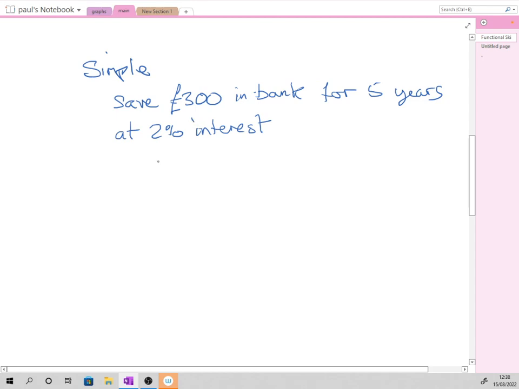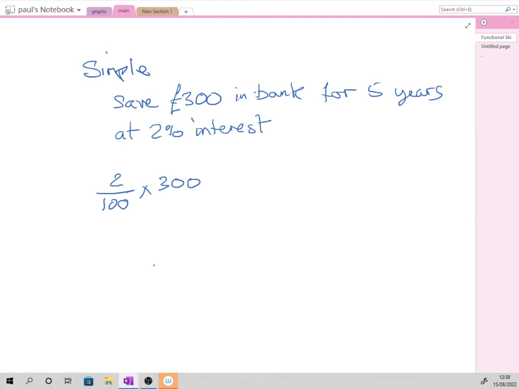So we need to work out what 2% of that is. So we go 2 over 100 times the 300. 2 divided by 100 times 300. Just £6. That's not much, is it?